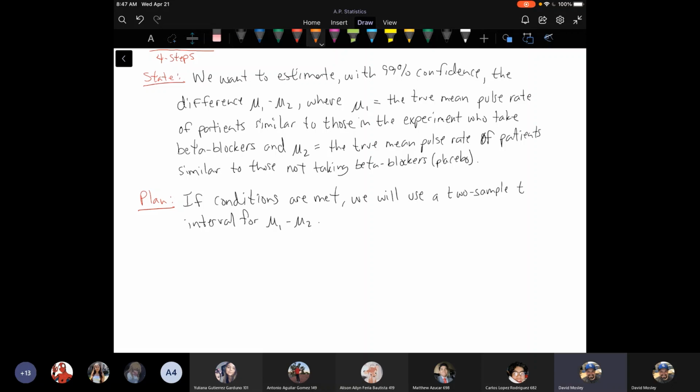Next, let's do conditions. Random. All right. As far as random is concerned, the 2 groups are randomly assigned the treatment, so we're good. All right. Next, we get our 10%.